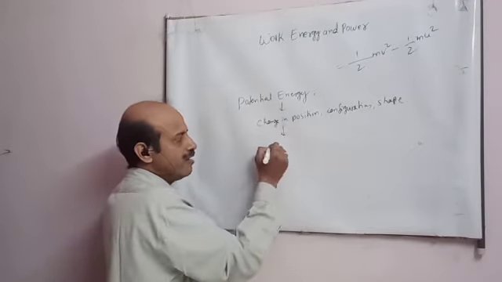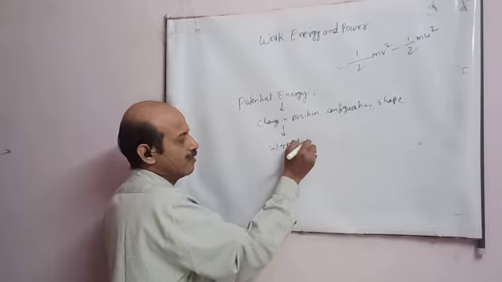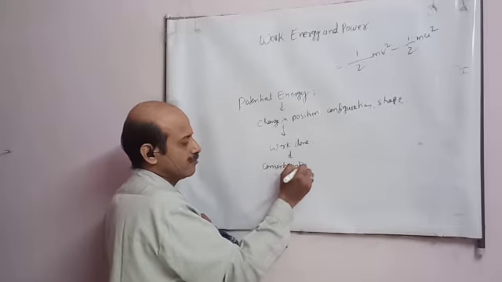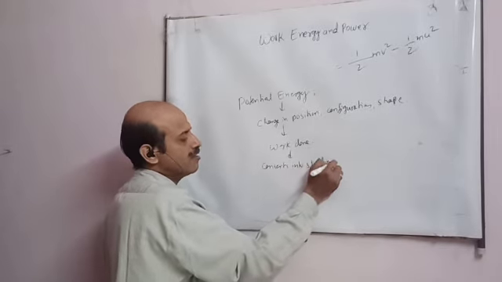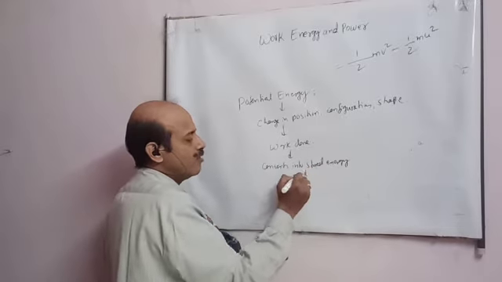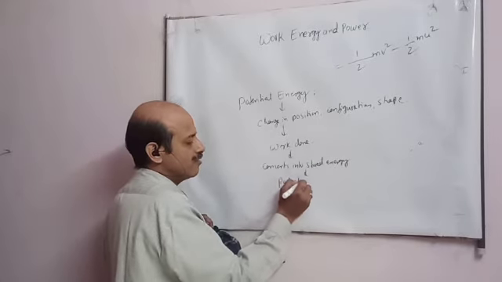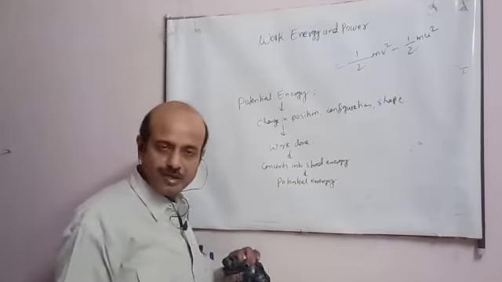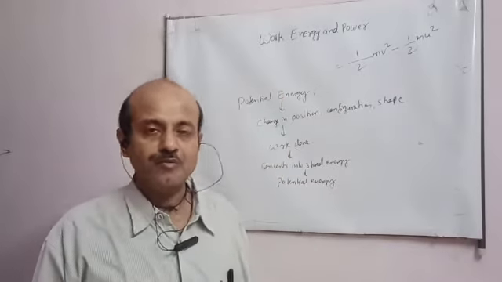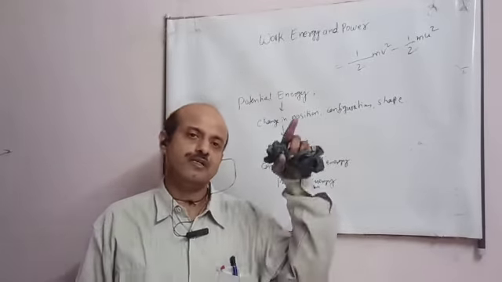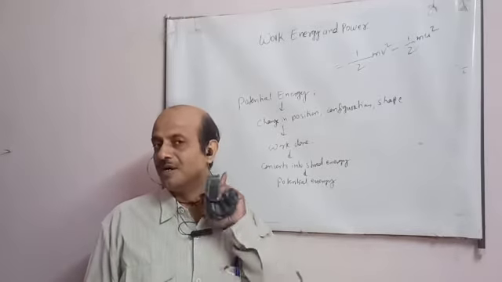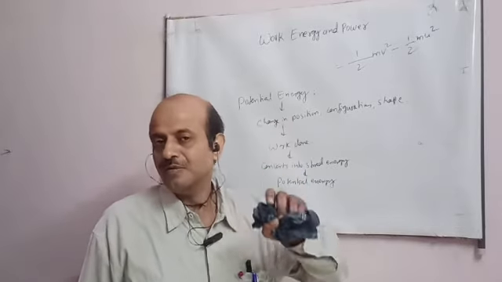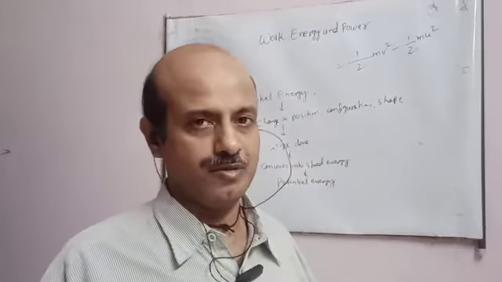And how was the change made? Work done. This converts into stored energy and is known as potential energy, student. So one energy comes due to motion, that is the kinetic energy, and one energy comes due to change in the position, due to change in the configuration, due to change in the shape. But remember, student, work has to be done, then only this energy will come. If no work is required to change the position, then this energy will not come, student. Remember this fact.